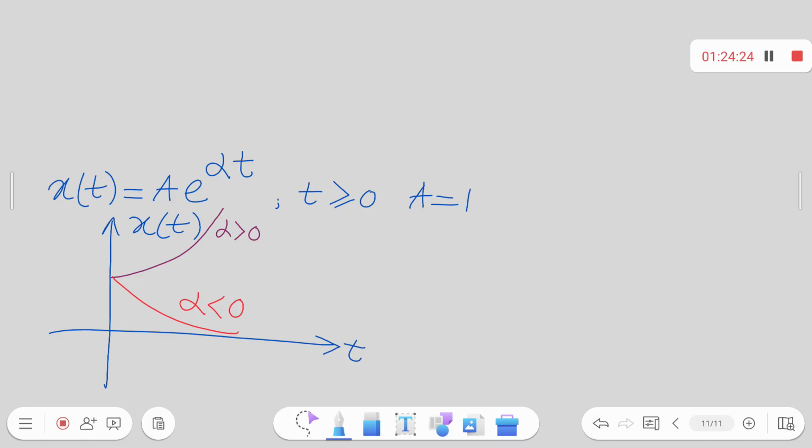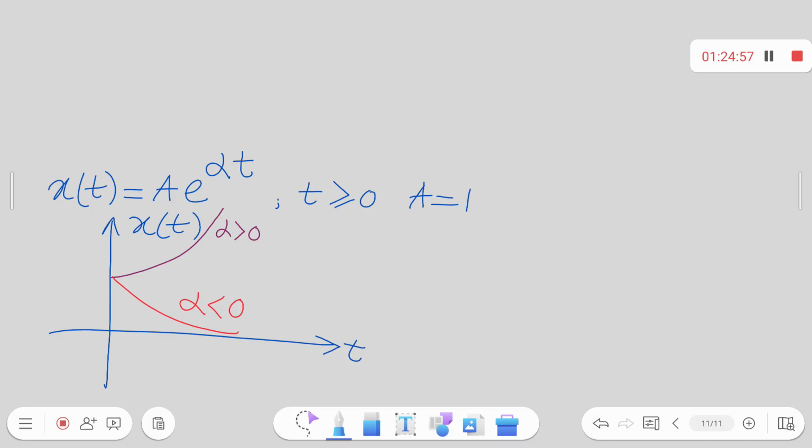Then let's consider another signal. Sinusoidal signal, all of you know, right? Here we have considered that both this A and alpha are real. We consider A to be a real constant, say 1, and alpha to be a real constant. But alpha can be a complex number as well.